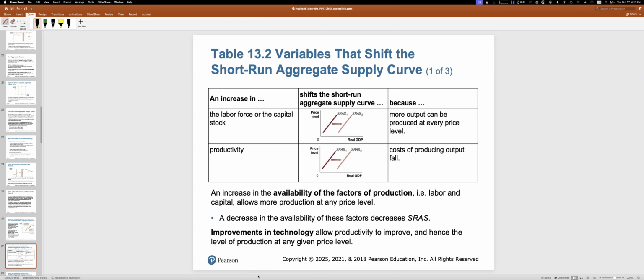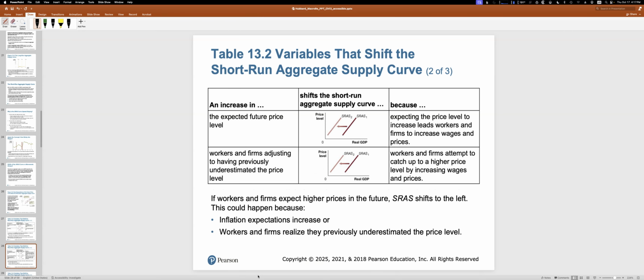Changing my factors of production, changing my technology, the way that I combine inputs together to produce an output. And then again, changing the expectations of my future prices, and then just misperceptions of things, underestimating or overestimating the price.